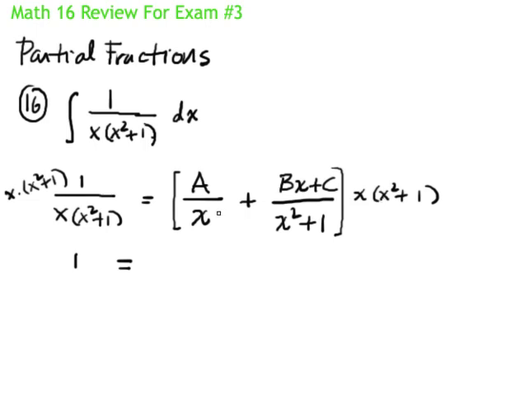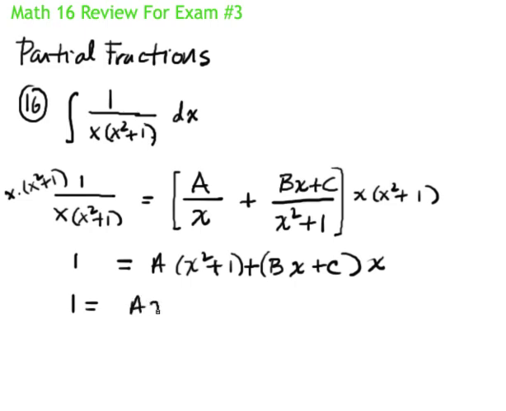So on the right, when we do the multiplication, the first fraction times x squared plus 1, the x's cancel, and we're left with A times x squared plus 1. And when we multiply the second fraction, the x squared plus 1's cancel, and we're left with this numerator, Bx plus C, times x.